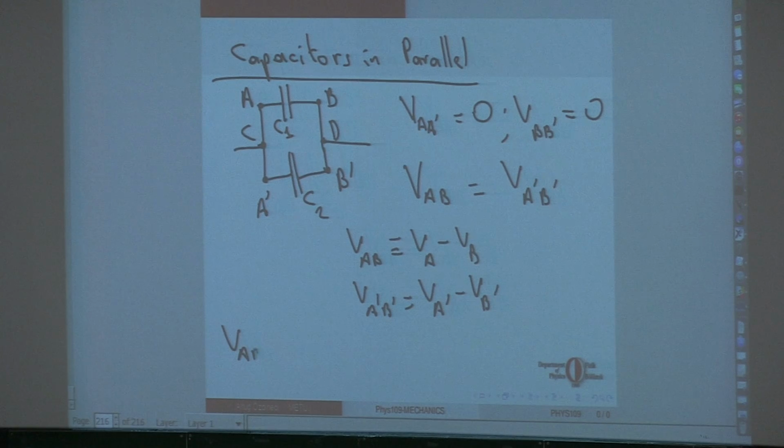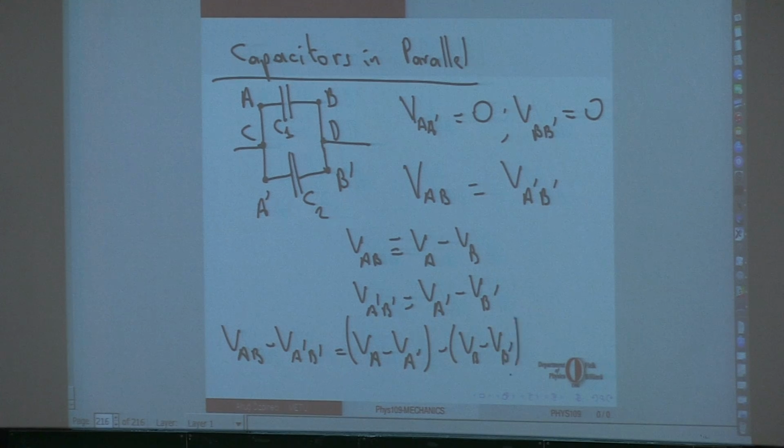So VAB minus VA prime B prime is in fact VA minus VA prime minus VB minus VB prime. But this is nothing but VAA prime minus VBB prime, and we just said that both of them are 0. Now, when we connected the capacitors in series, we said that the charge in each one of the capacitors is the same. But in this case, it is the potential difference across each capacitor that is the same when we connect them in parallel, because both ends are connected by a conductor.